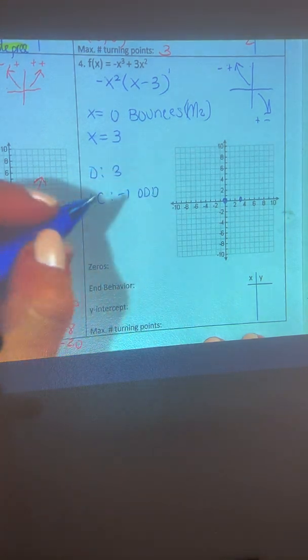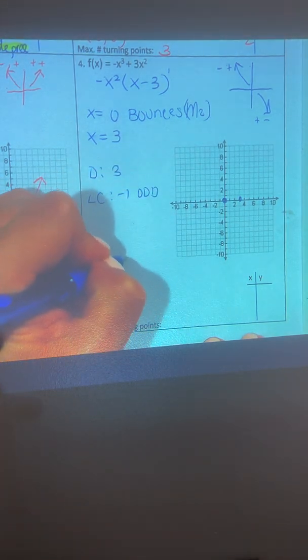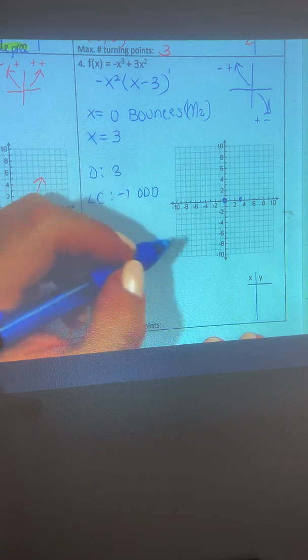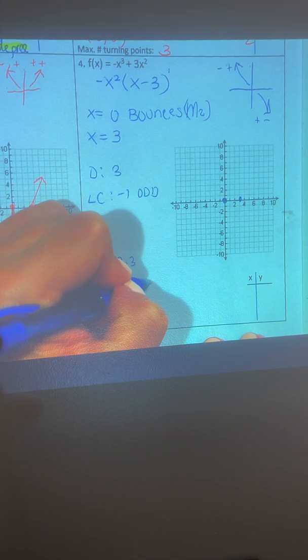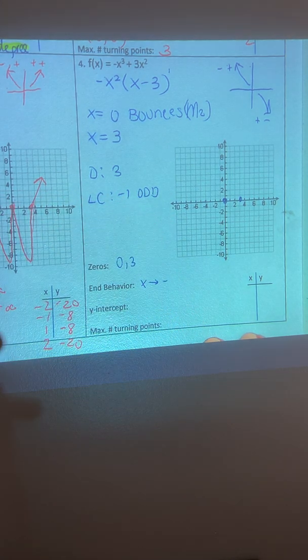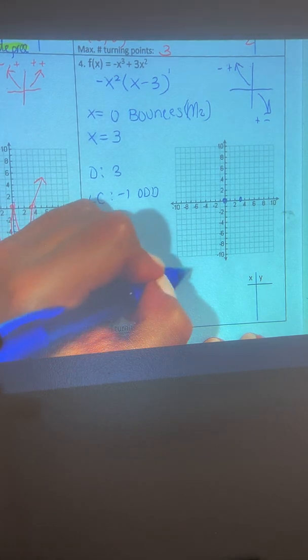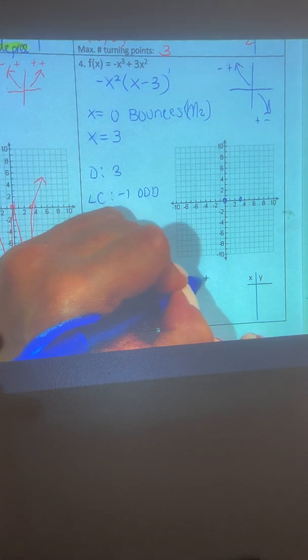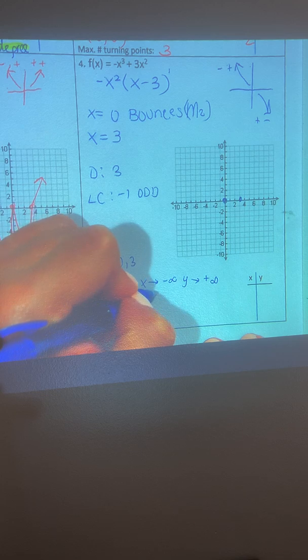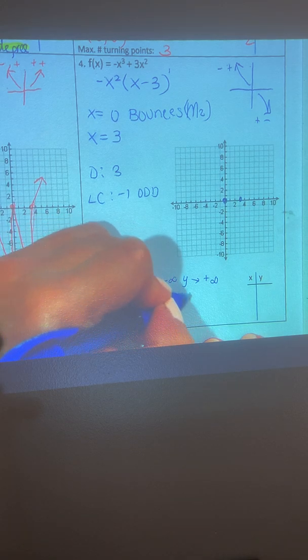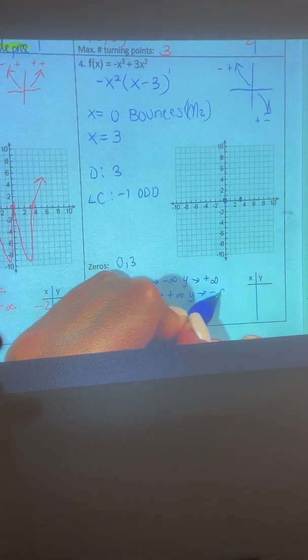All right, so my zeros are 0 and 3. My end behavior as x approaches negative infinity, y approaches positive infinity. As x approaches positive infinity, y approaches negative infinity.